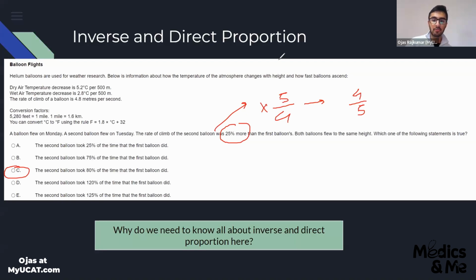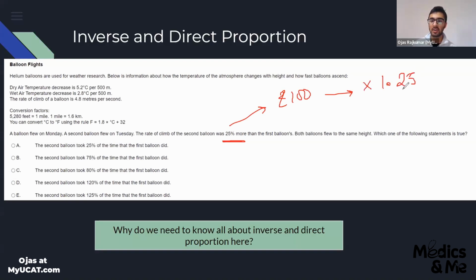And why 25 over 100? Because we're saying that the second balloon is 25% more. So imagine something was 100 pounds and we're trying to get 25% more, well, we would multiply by 1.25 to get 25% more. And to do these inverse and direct proportion questions, we use fractions.